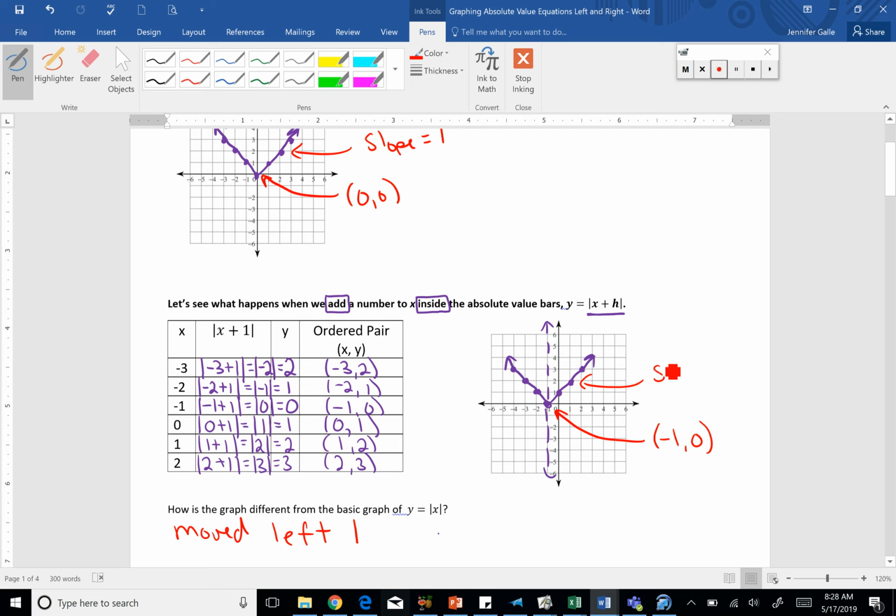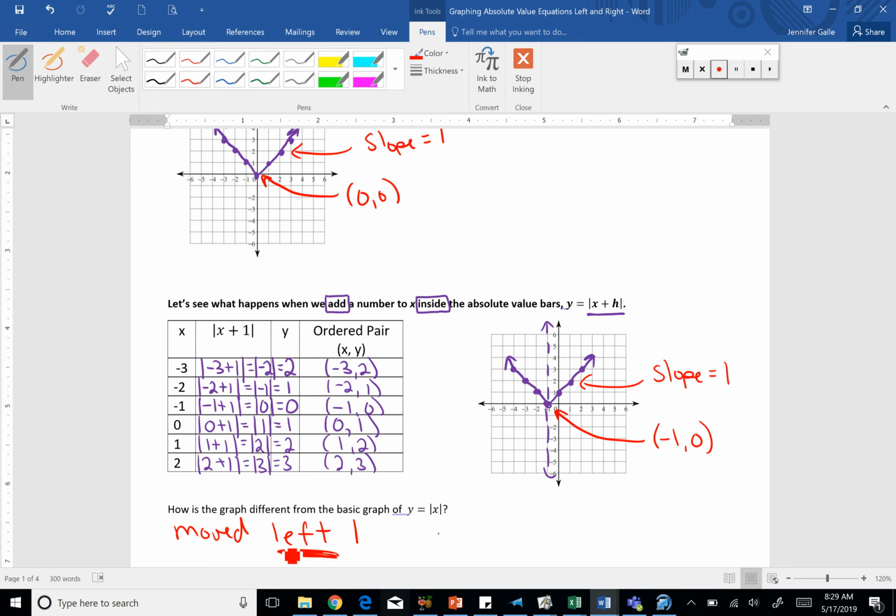Here's one of the big things I do want us to note. I didn't multiply by anything. Multiplying is the only way to get that slope to change. All we did was add a number inside those bars. So my slope didn't change. Adding that 1, and I want to stress this, because we saw this when we were graphing lines. We did some of these transformations when we graphed lines last trimester.